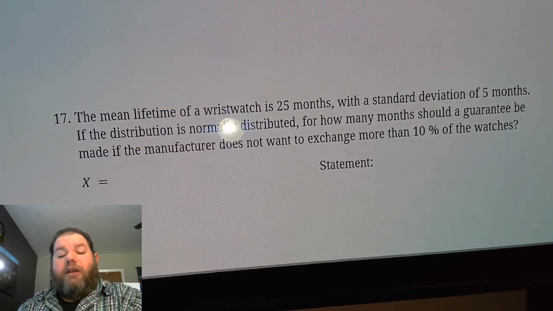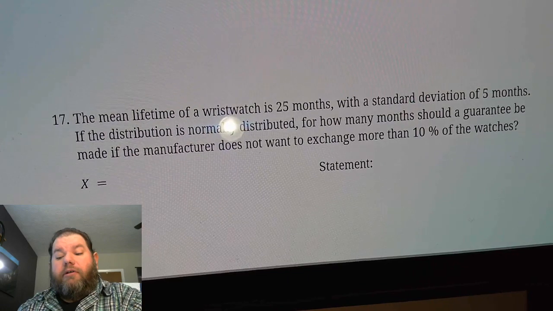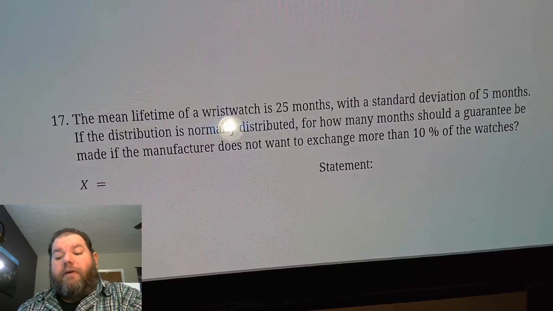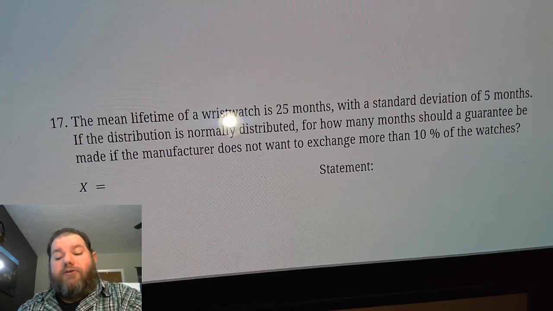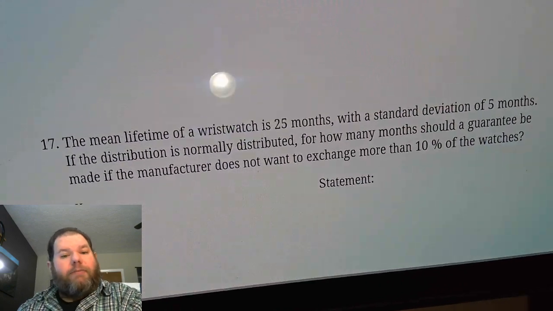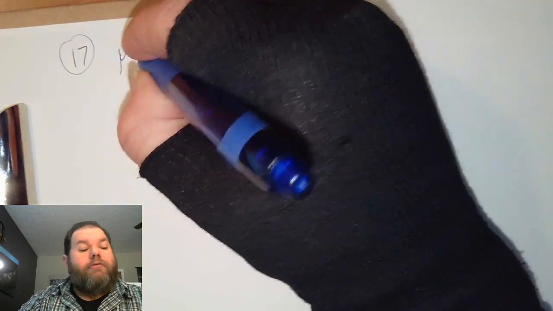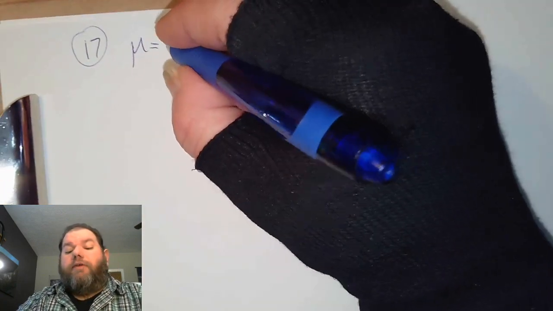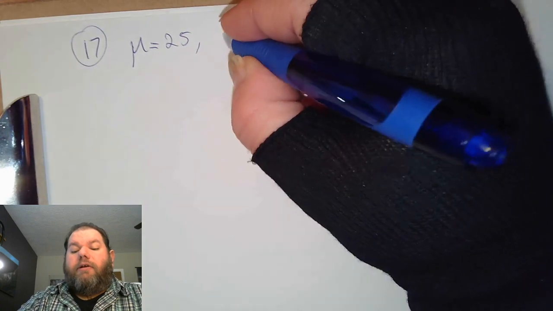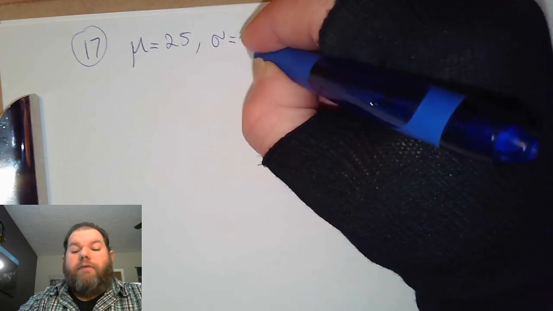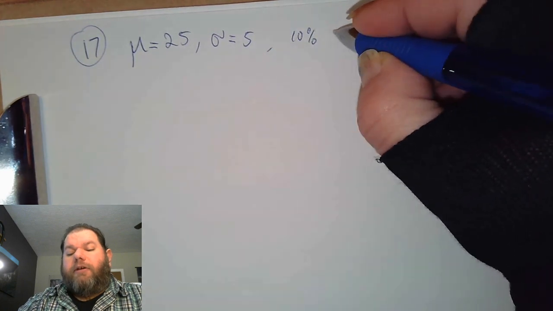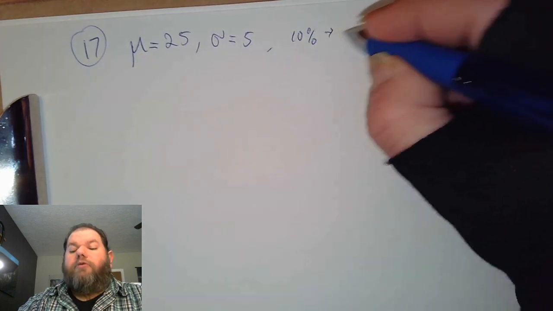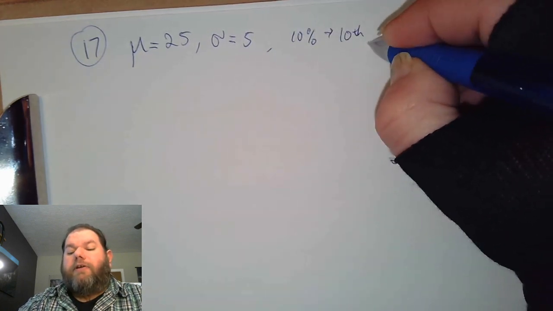So we have 3 key values here. 25 is our mean, 5 is our standard deviation, and 10% is the percentage that we're interested in. So mu is 25, sigma is 5, and we want the 10% value, which means the 10th percentile.